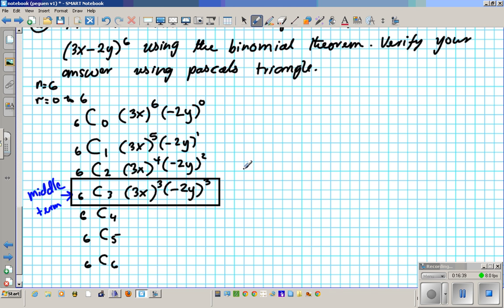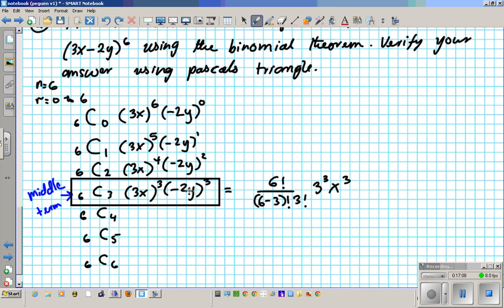So using the binomial theorem, it's going to become 6 factorial divided by 6 minus 3 factorial, using the formula, 3 factorial, and then 3 to the third, x to the third, because this has to be distributed to the x and the 3.